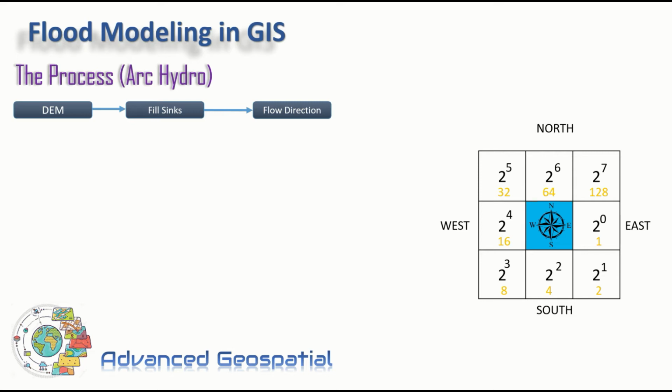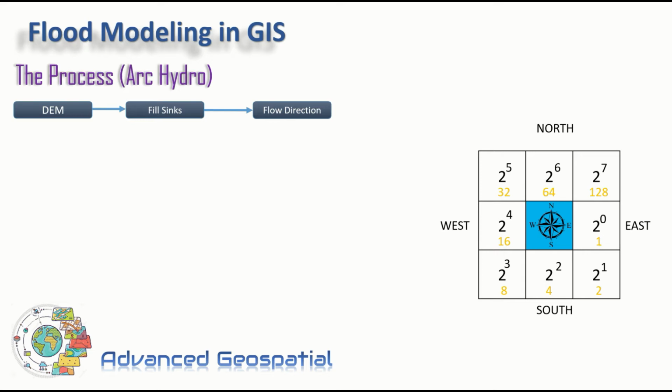After filling the sinks, the next step is the flow direction of the cell. In each cell of the digital elevation model, where will it flow? So for example, if this is a cell under investigation, we will take a 3x3 grid and we will calculate the flow direction.